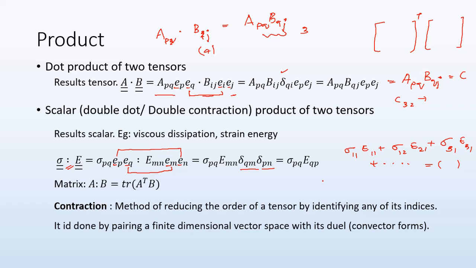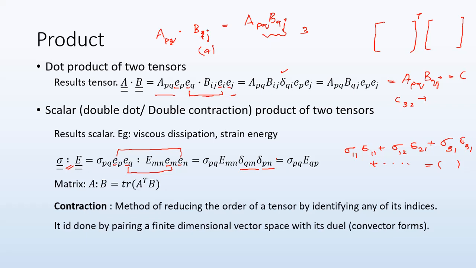So contraction is a method of reducing the order of a tensor by identifying any two of its indices. Here we have identified q and l. Here we have identified q and m and also p and n.